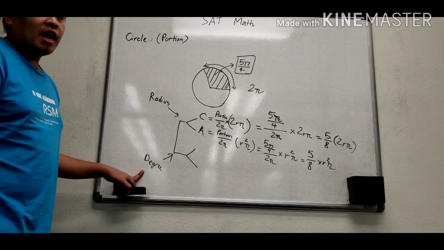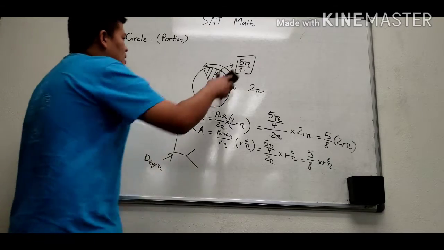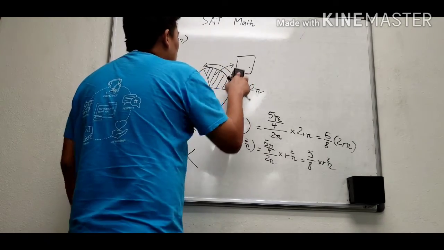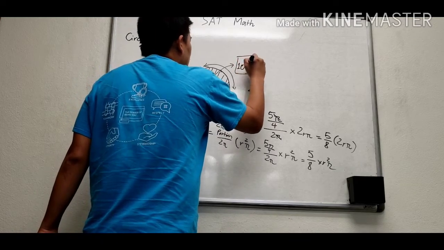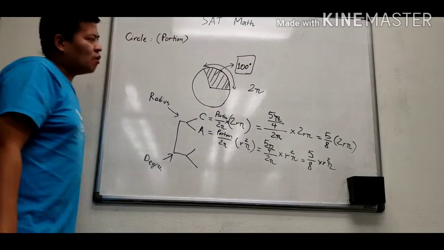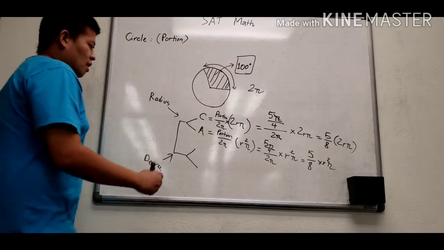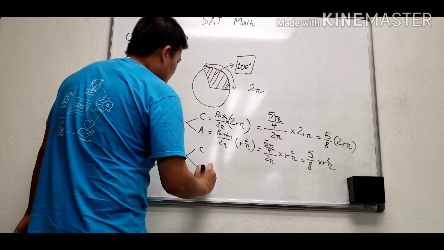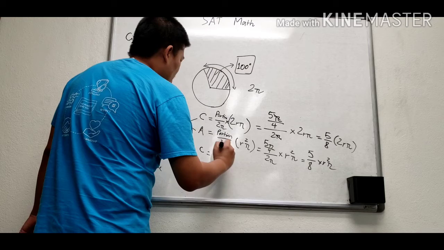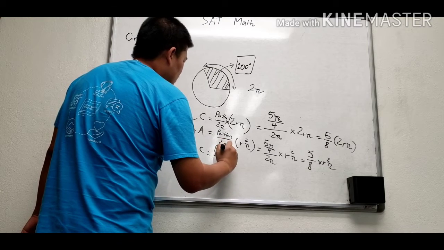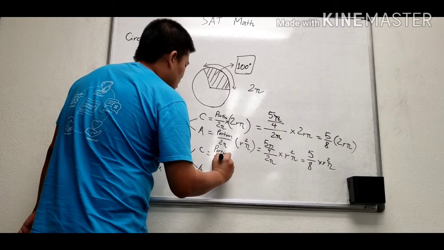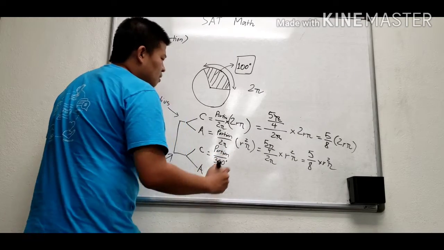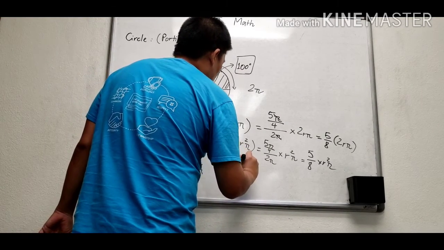If the question asks about the degree, for example 100 degrees, we have the circumference and area again. Now we have the portion, but we use 360 degrees.